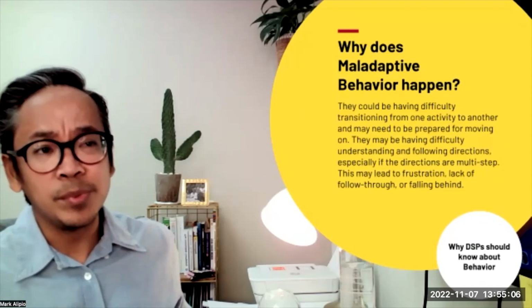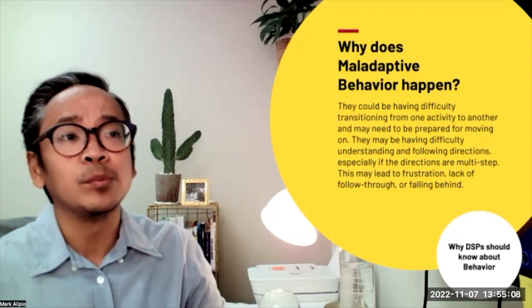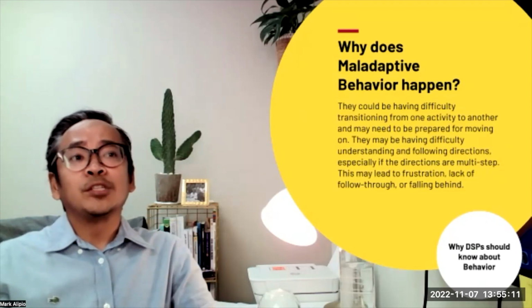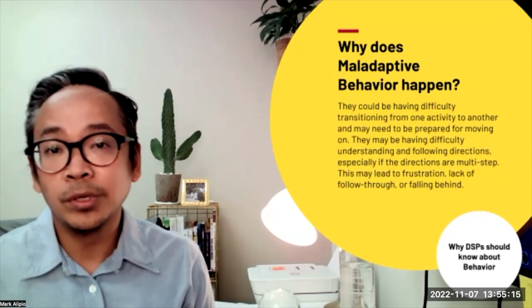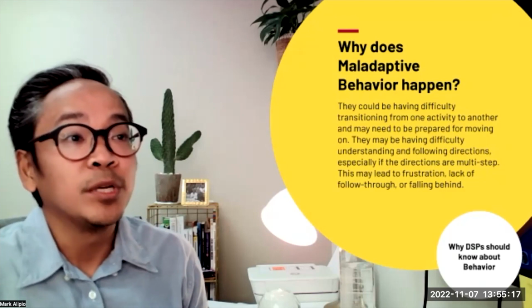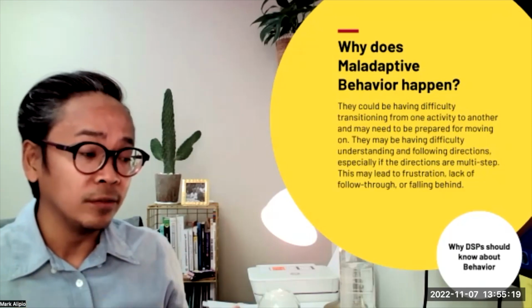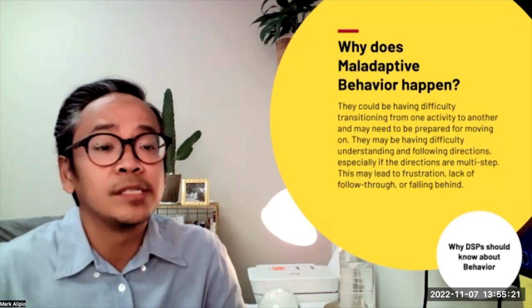This also happens because it's difficult for them to understand and follow directions, so they become disoriented and resistive towards what you are trying to communicate, especially if the directions or the activity require multiple steps.